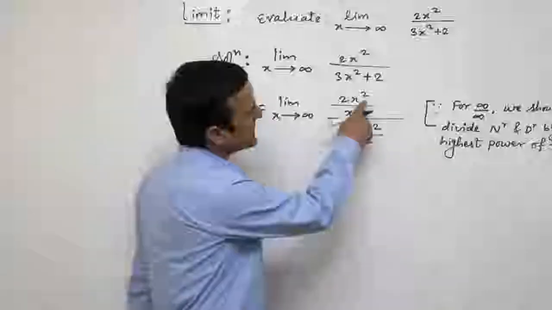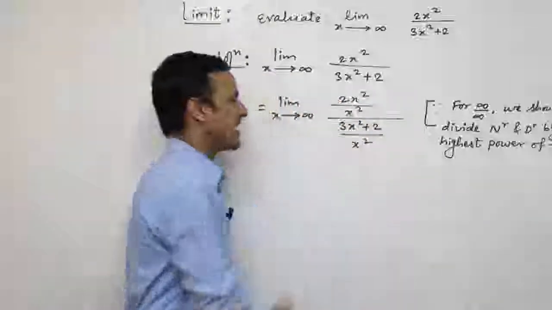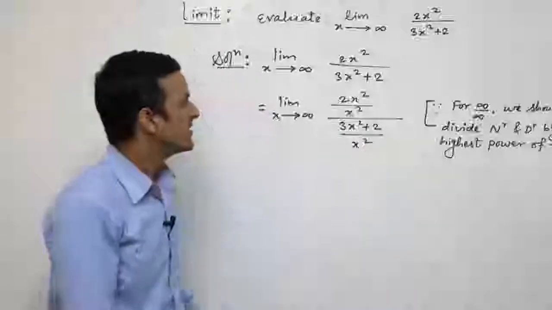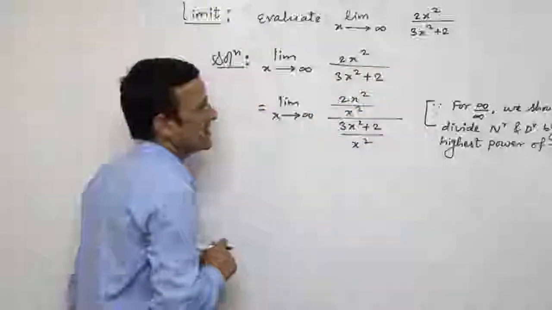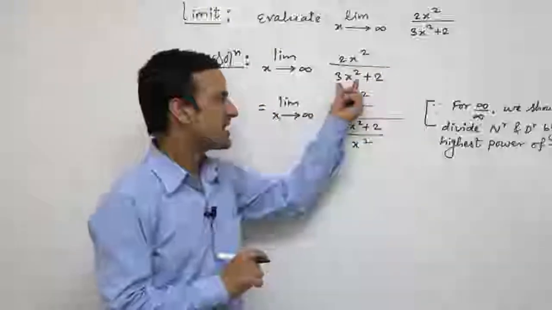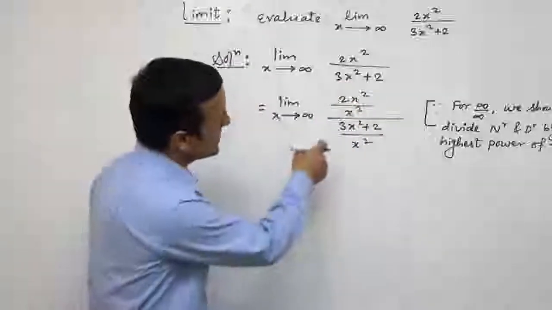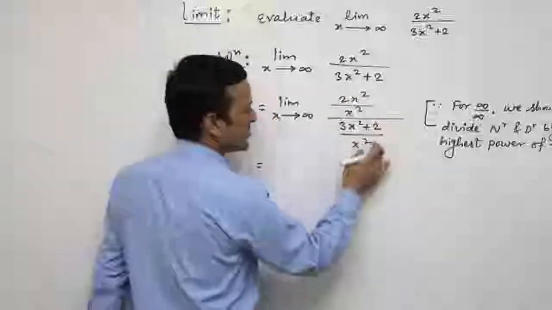So divide this numerator by x square as well as this denominator by x square. We have the same highest power of x, which is x square. That's why we divide by x square in numerator and denominator.